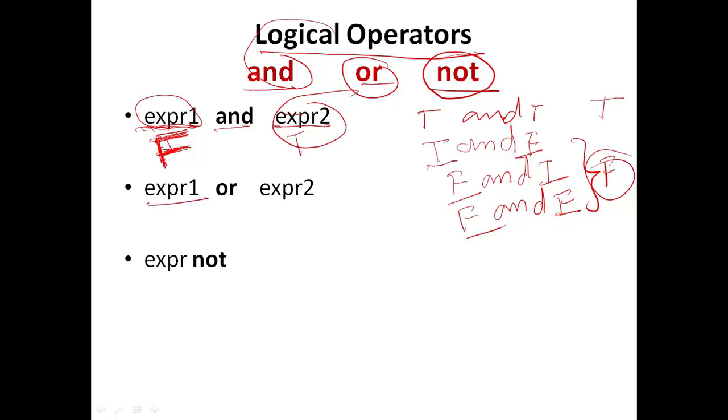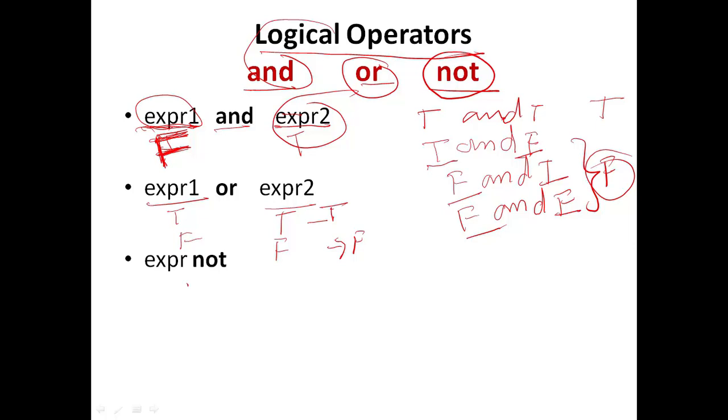Similarly, the OR operator evaluates like this: if both are true, then the result will be true. If both of them are false, the result will be false.